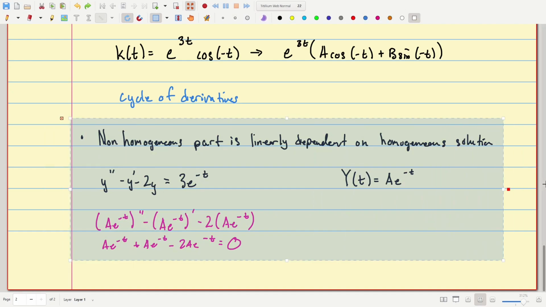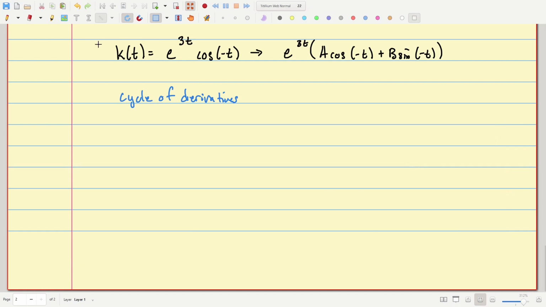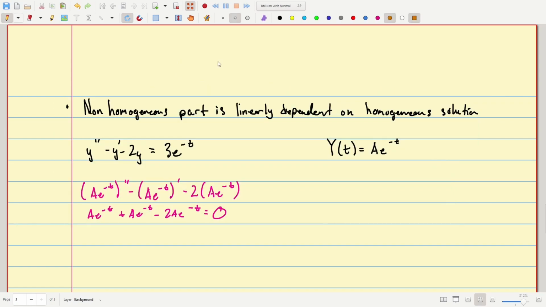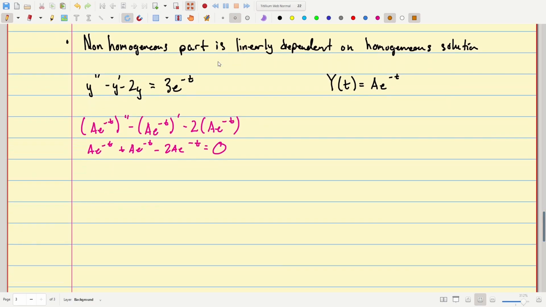Obviously, the same sort of thing would happen if the right-hand side looked like the other member of my fundamental family of solutions. So the question becomes, what do we do here?